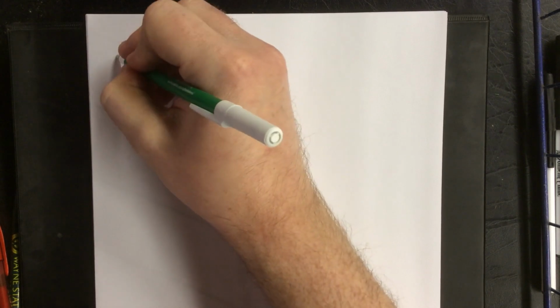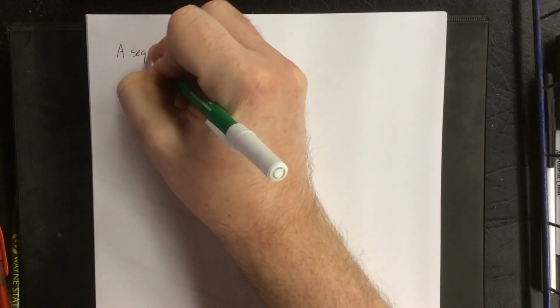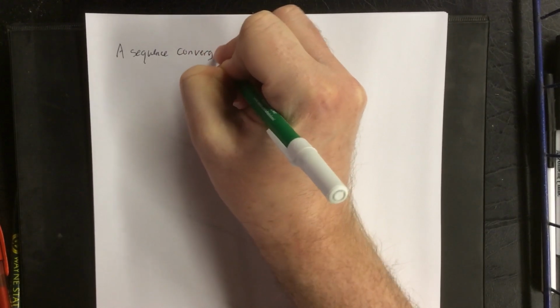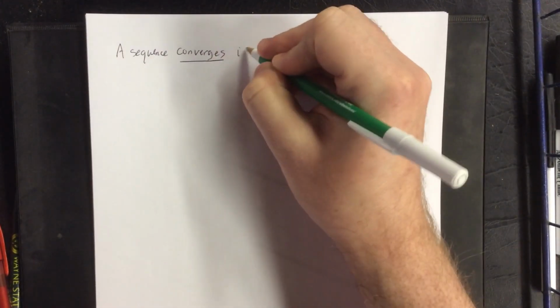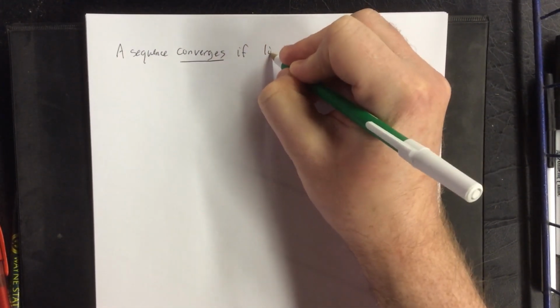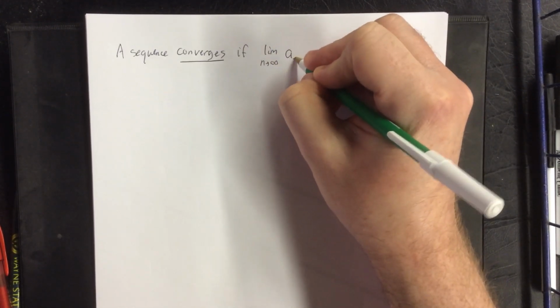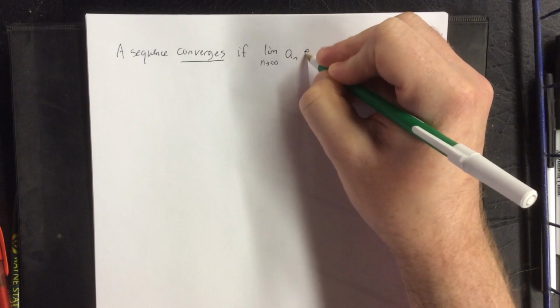Now, with that in mind, some terms that are going to be important. A sequence converges if the limit as n goes to infinity of a sub n exists.